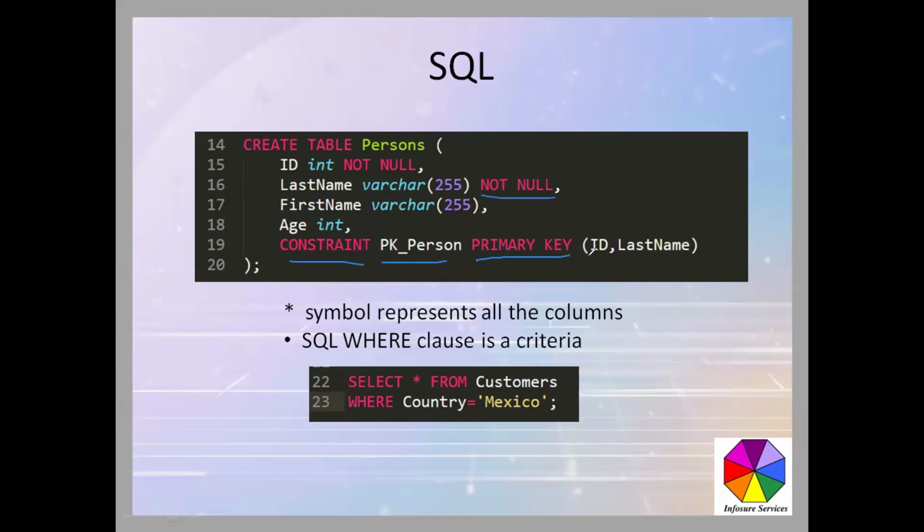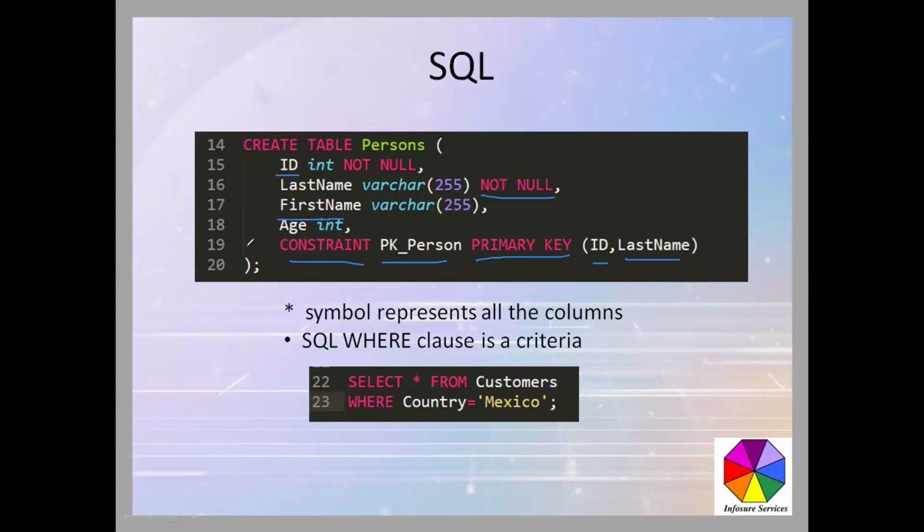Then you open a bracket and say which column you're defining as primary key. Primary key can be a single column, but in this case we want to define both ID and last name together as a primary key. Then you separate those columns: ID, comma, last name, inside brackets.